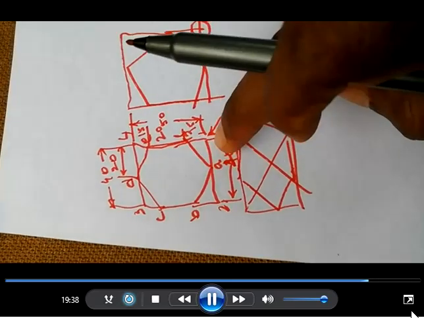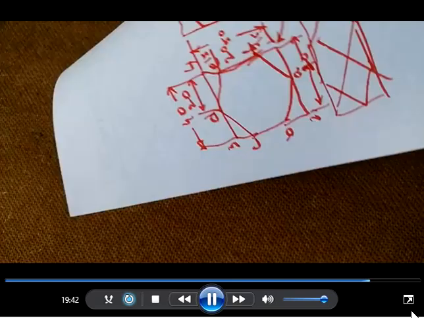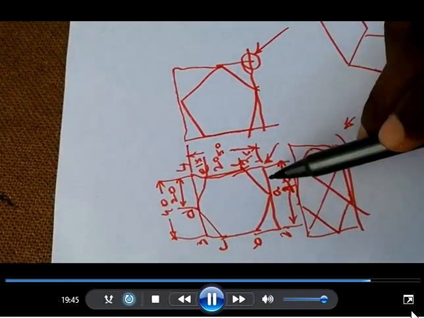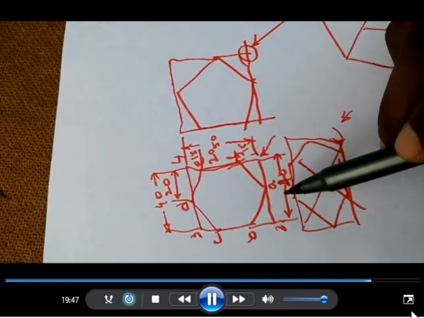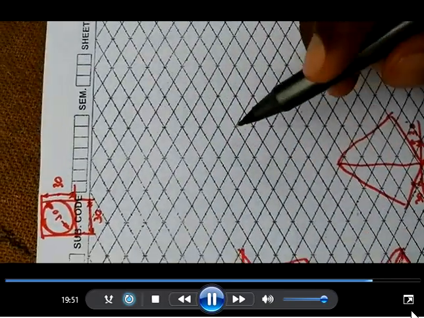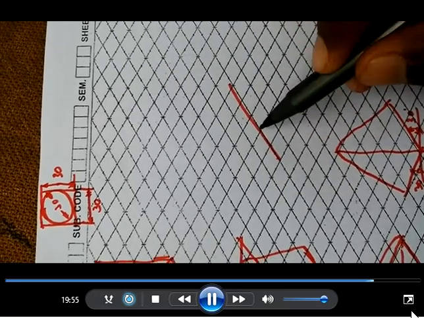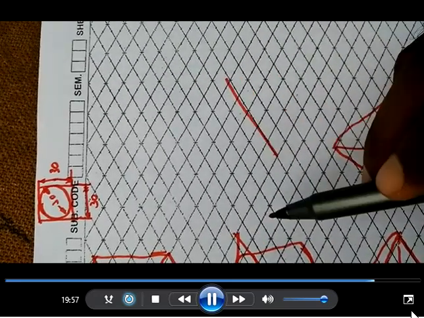Now this diagram you have to copy onto the isometric sheet. So first you have to copy this outer box of dimension 40 by 50. You know how to copy a box of dimension 40 by 50. One side 50, 1, 2, 3, 4, 5 and second side 40.